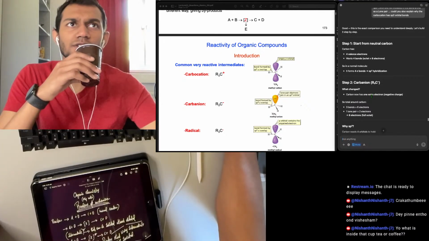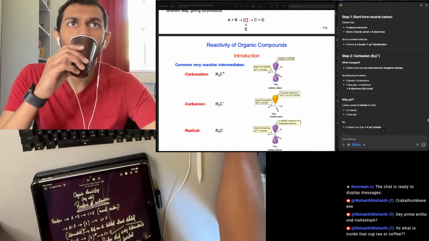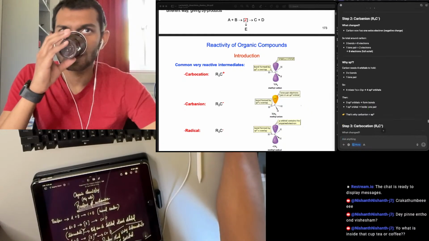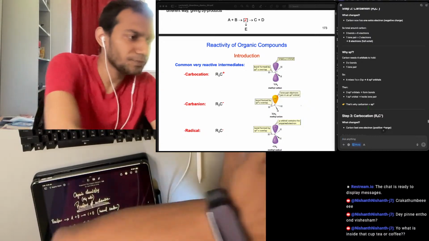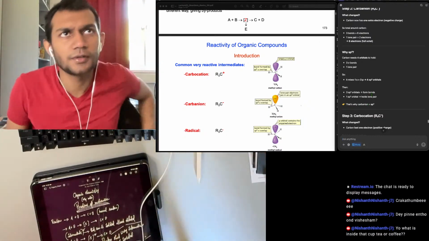Carbanion: carbon now has 1 extra electron, negative charge. So total around the carbon: 3 bonds, 6 electrons, 1 lone pair, 2 electrons. Why sp3? Carbon needs 4 orbitals to hold 3 sigma bonds and 1 lone pair. It mixes 1 s and 3 p orbitals.